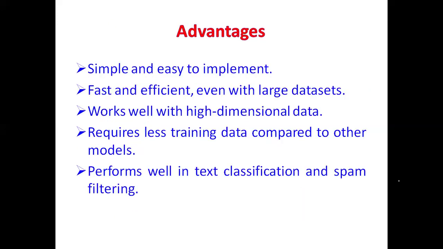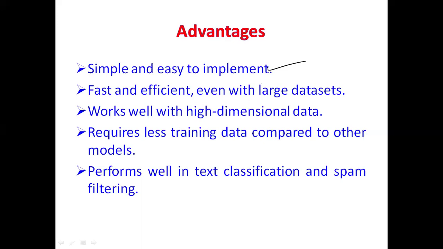Okay, next we'll move on to the advantages of this naive Bayes algorithm. The first advantage is that it is known for its simplicity and ease of implementation, making it an excellent choice for beginners in machine learning.